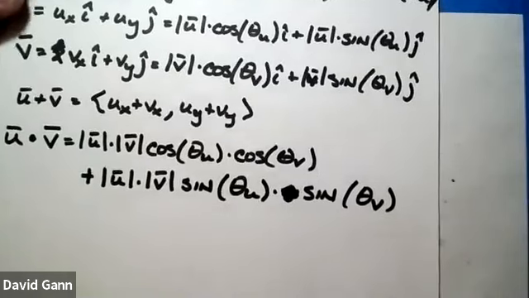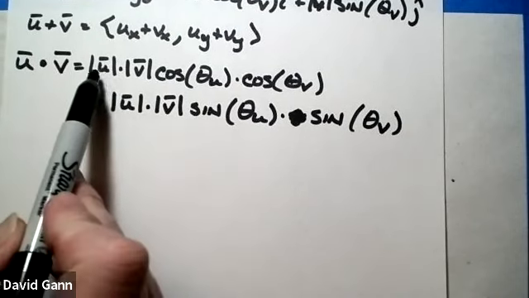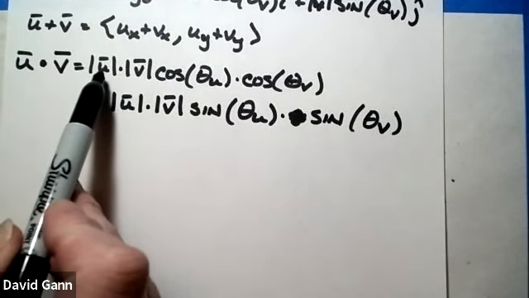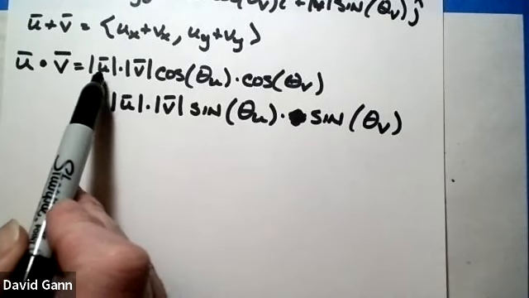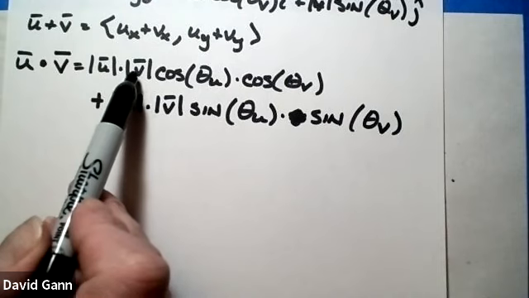Now, I want you to pause there a second and think about what we've got here. We now have what appears to be the products of the lengths of both these vectors, the products of the magnitudes.